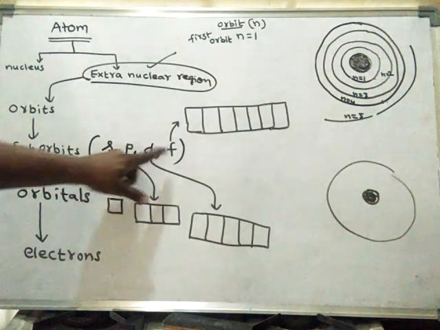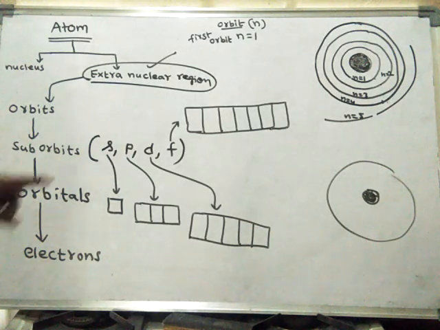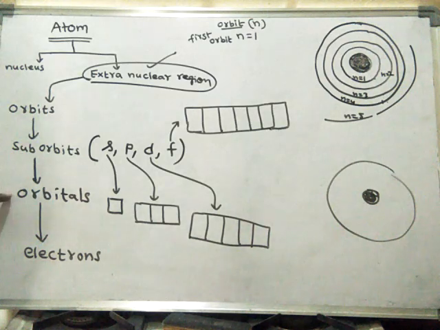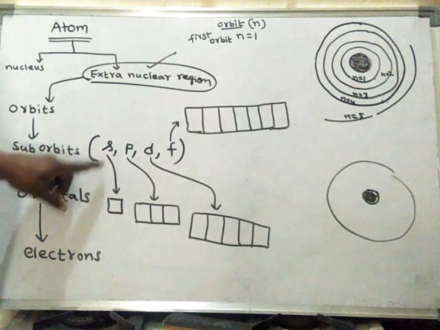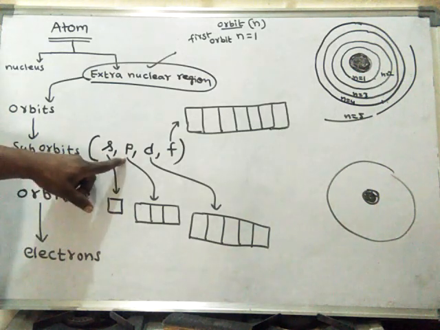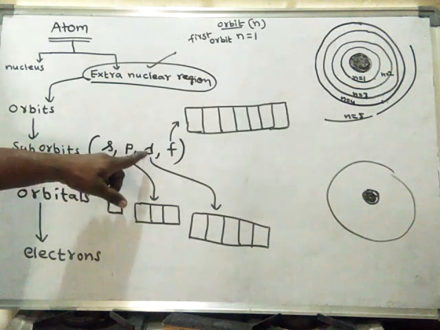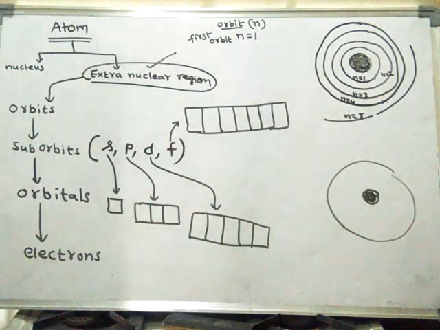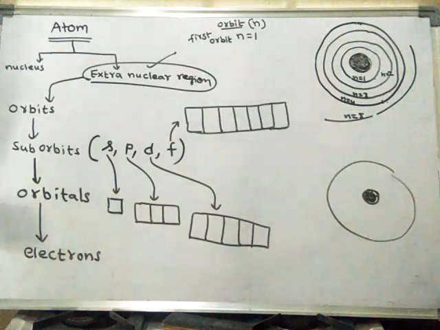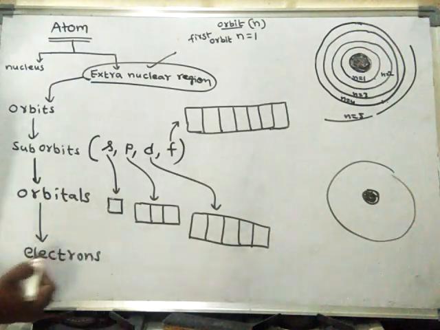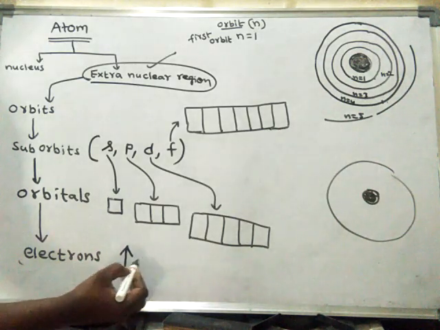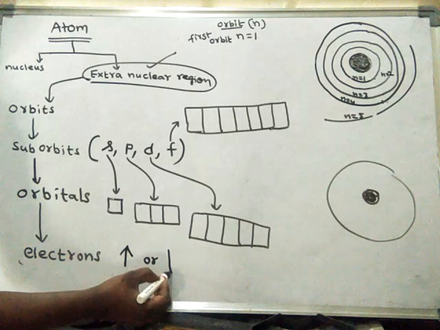There are 4 types of suborbits. These suborbits in turn contain orbitals. The S suborbit contains only one orbital, P contains 3, D contains 5, and F contains 7. Inside these orbitals you will find electrons. Generally, electrons are denoted with an upward arrow or a downward arrow.